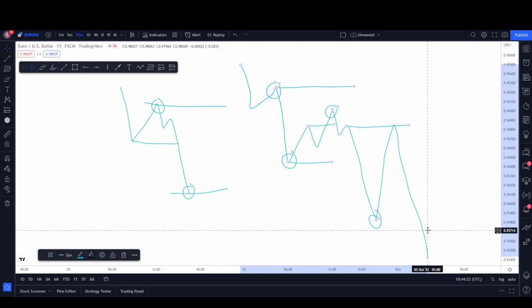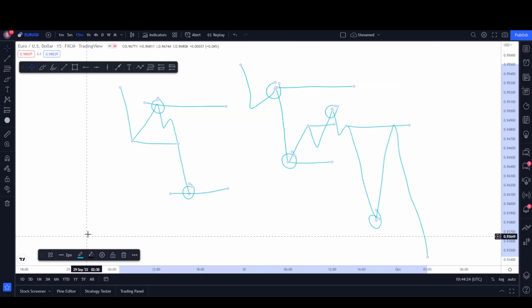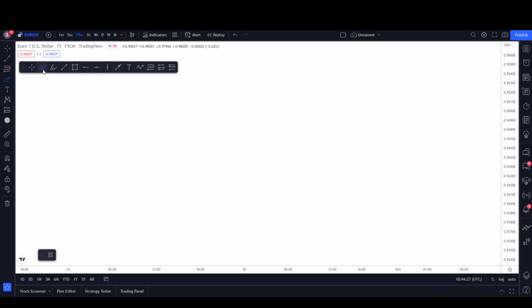Oh, and market structure shift. Market structure shift and break of structure are the same thing to me. And what is it, CHoCH, change of character? Yeah, no, it's just renamed stuff. Or break of structure, in my opinion, same thing. I only use breaker structure. Obviously, people just rename things 50,000 times so that you think you're missing out on something.